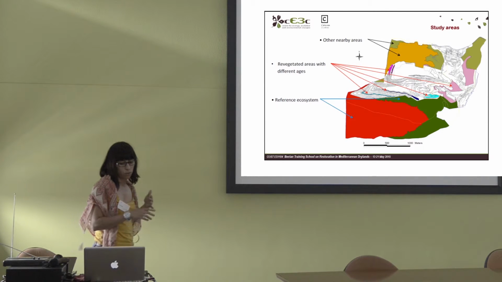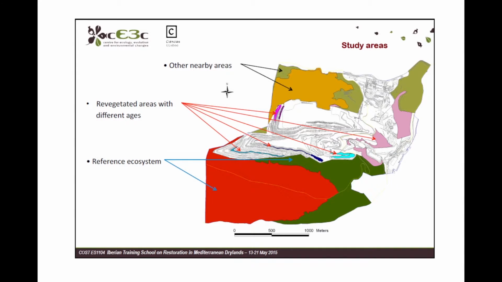Then we chose reference ecosystems, both again for limestone and for marl, and we also did the evaluation in sites that were burned 5 years before this study. We also chose other nearby areas because they can also be important to the recovery of the quarry.